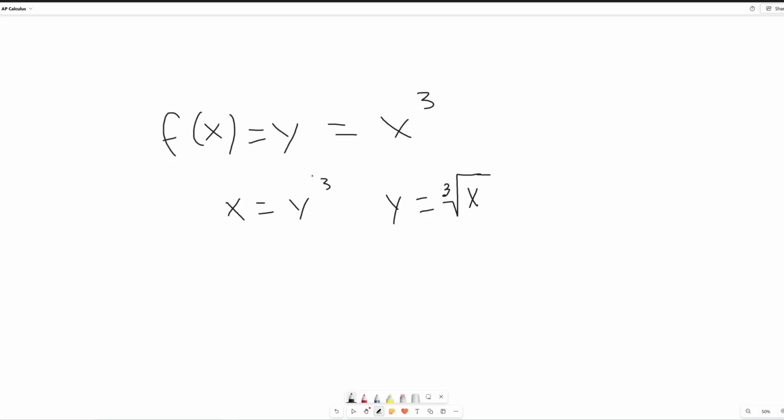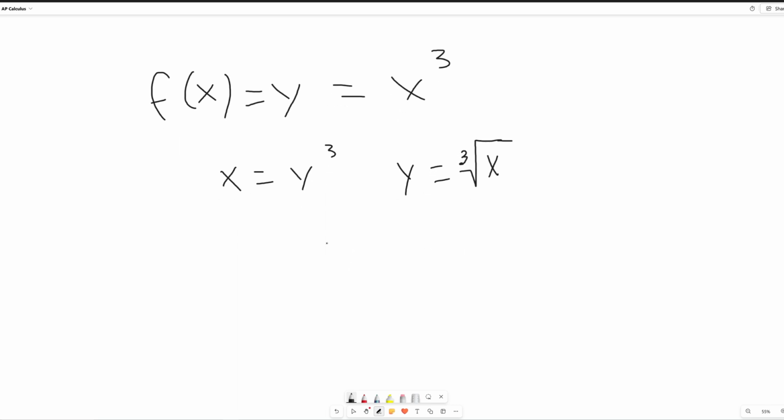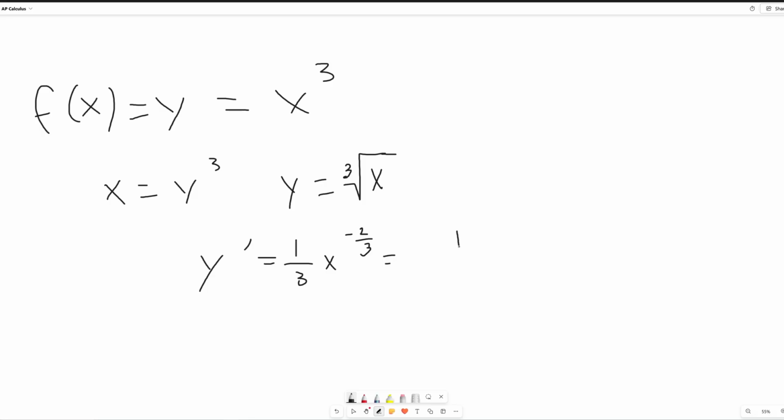And then if you wanted to find the derivative at any point, you would then take the derivative of this. So y prime equals 1/3 x to the negative 2/3, or 1/3 cube root of x squared. This would be your y prime function.